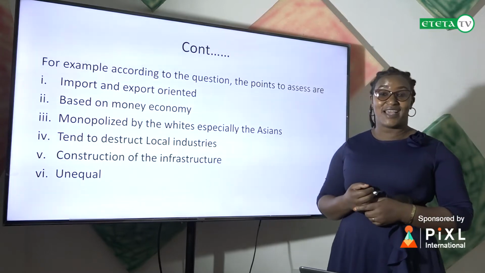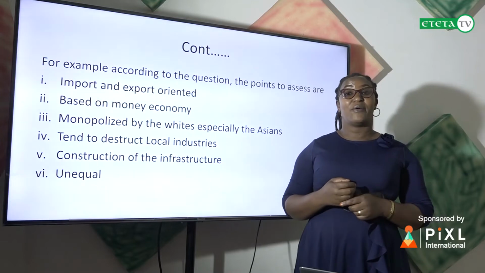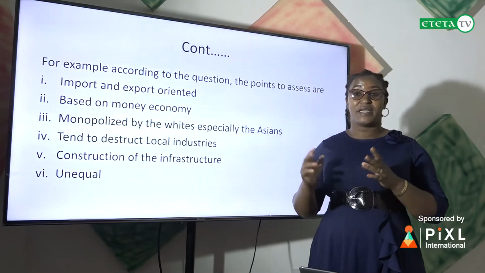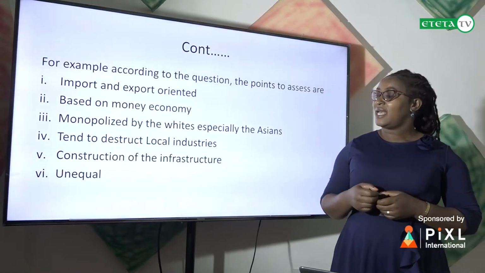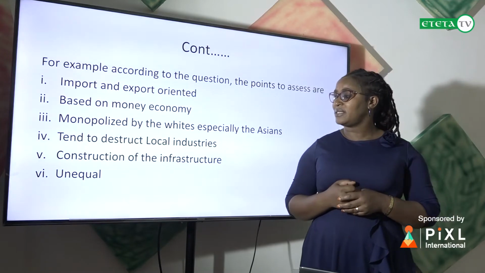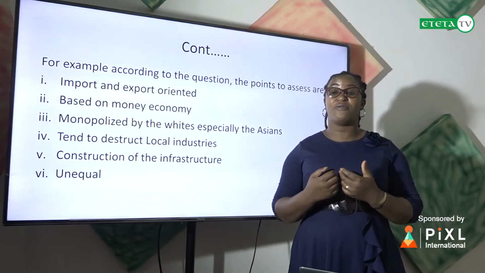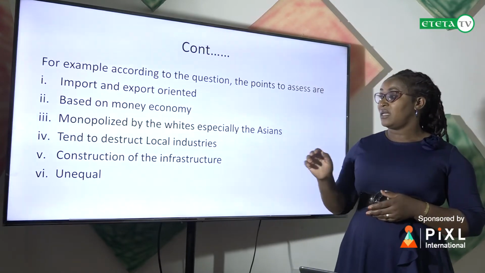As historians, we see that in pre-colonial Africa, we had our own industries where we produced different materials according to our needs. But after the coming of colonialism, due to the importation of manufactured goods, automatically our local industries declined.